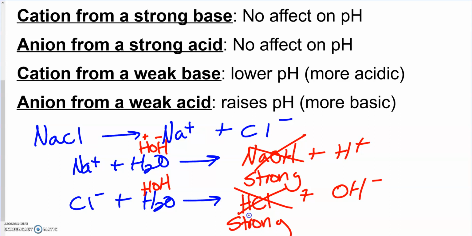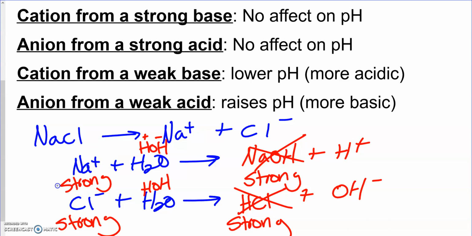If it did, it would immediately dissociate, and we'd reestablish equilibrium based off of our water. So when the ions come from a strong acid or base, meaning they are the conjugates of a strong acid or a strong base, they're what's formed after a strong acid or strong base has dissociated, these guys will not affect the pH of the solution at all.